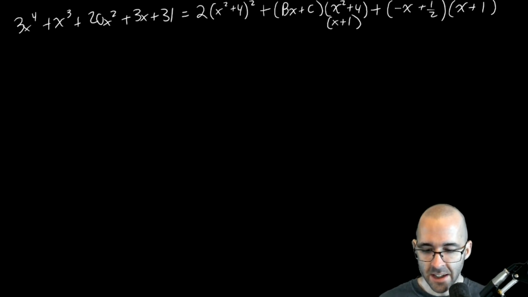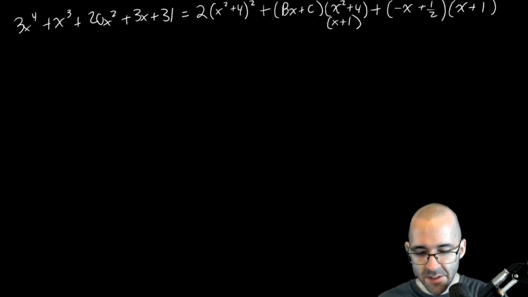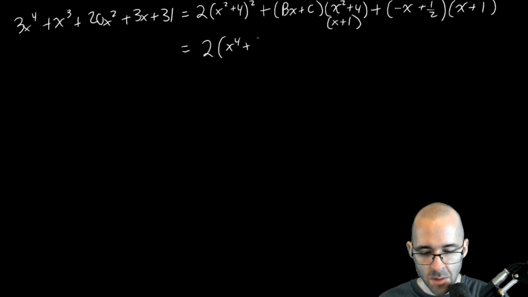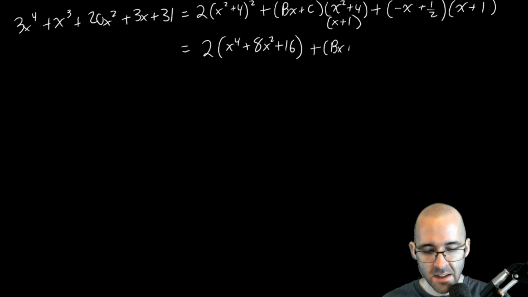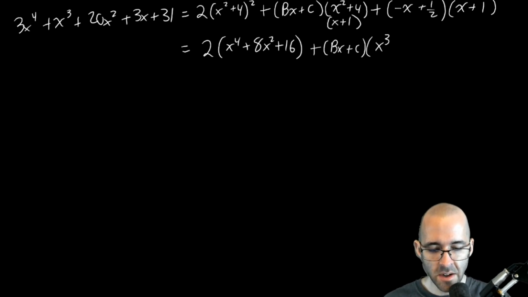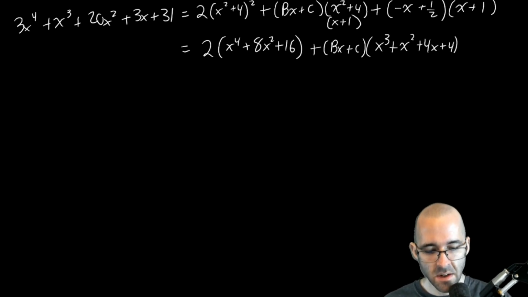All right, so let's get into it. So I'm going to leave the left-hand side alone for a second. And this is going to be 2 times, this becomes x to the fourth plus 8x squared plus 16, plus bx plus c. When you FOIL this out, x cubed plus 4, plus x squared plus 4x plus 4.